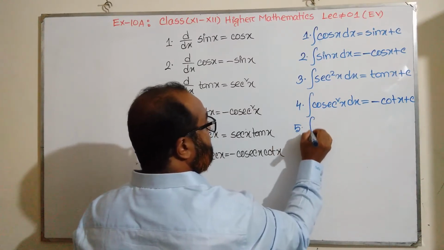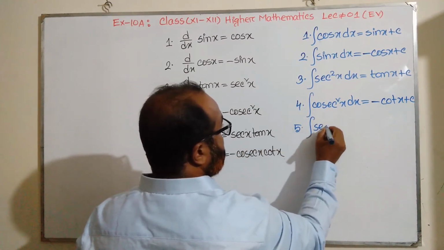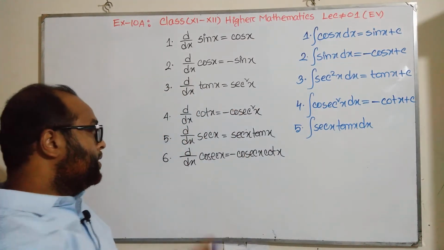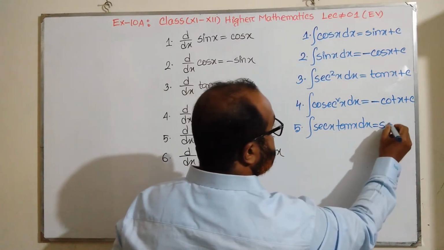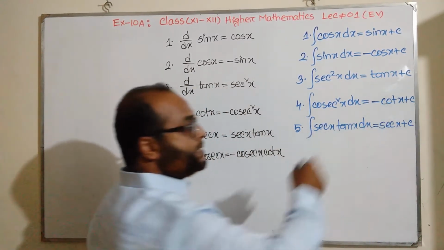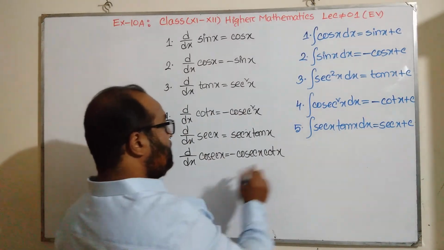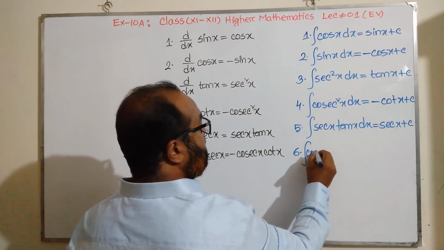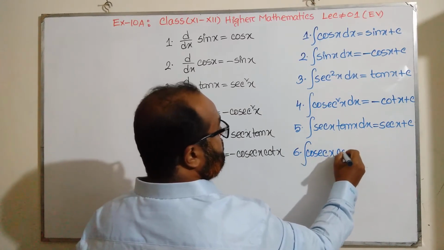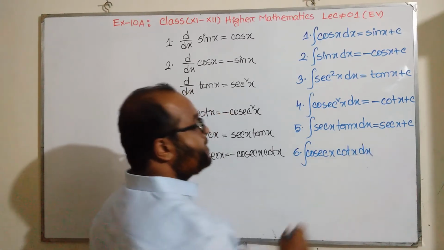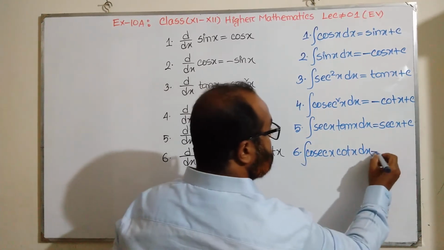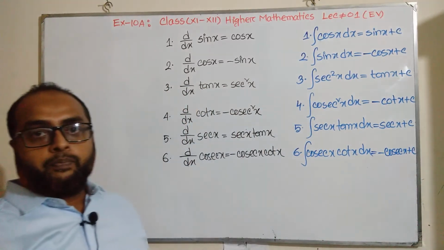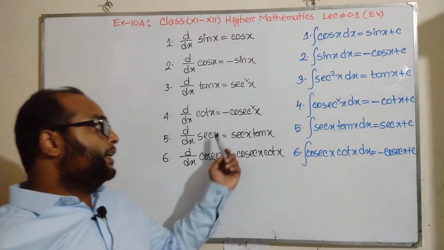Number 5, integration of sec x tan x dx is sec x plus c. Now number 6, integration of cosec x cot x dx is minus cosec x plus c.